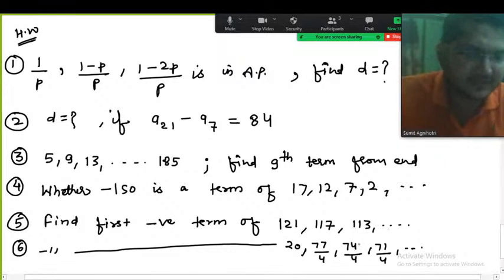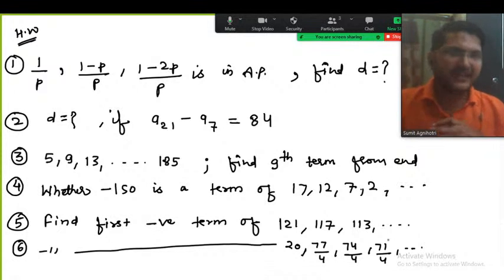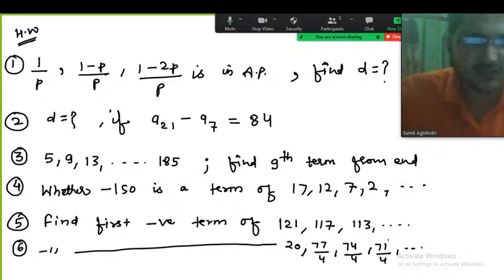I have changed it like this. Now if you figure it out, you will find it to be an AP. 77 minus 80, you got minus 3. 74 minus 77, you got minus 3, as well as divided by 4 here. Okay, now you figure out the first negative term for this question.